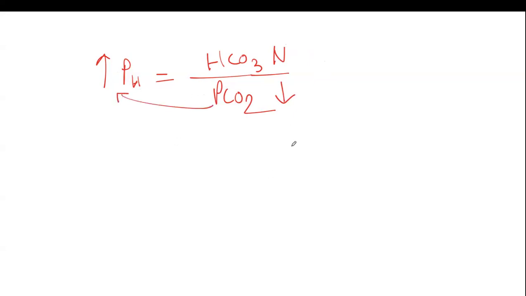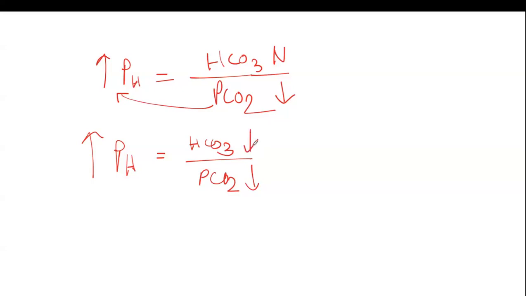Now everyone gets this, but in the exam, they don't usually come this easy. So they usually give you the compensation one. So pH is high. PCO2 is still low, but we have also found that bicarbonate is also low. Now, what is causing the problem?